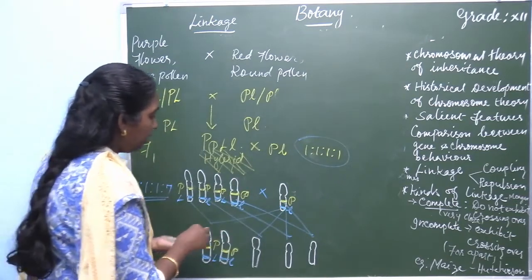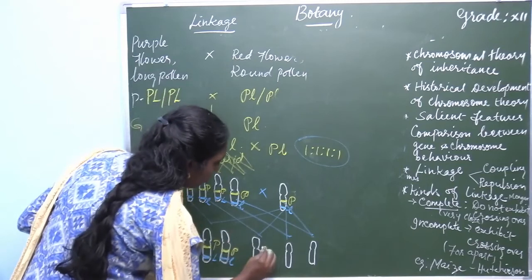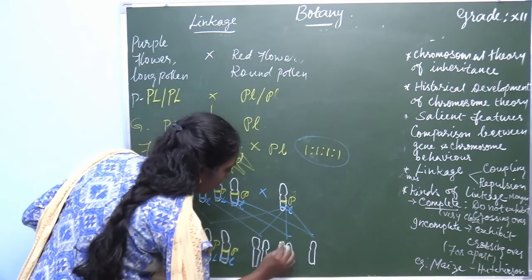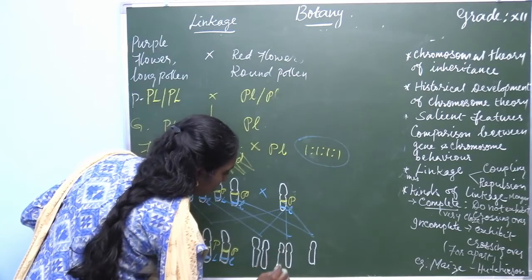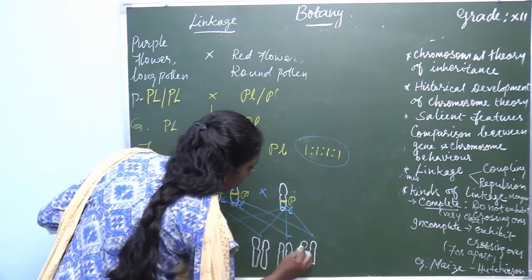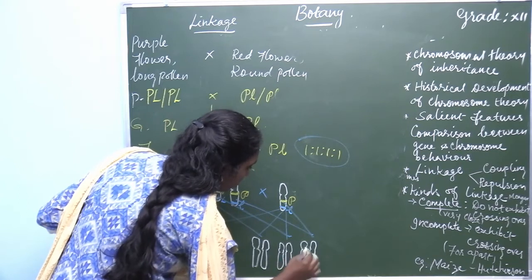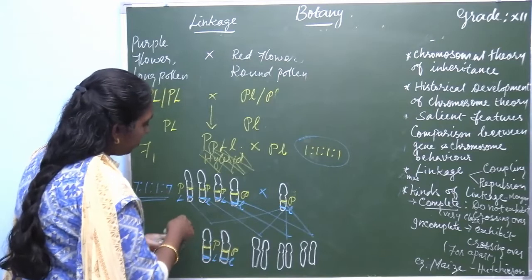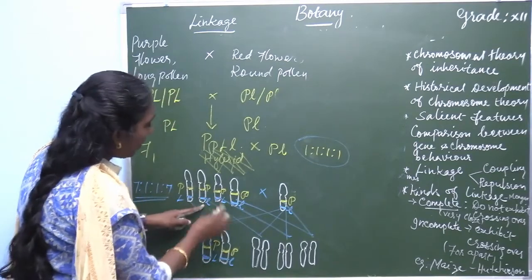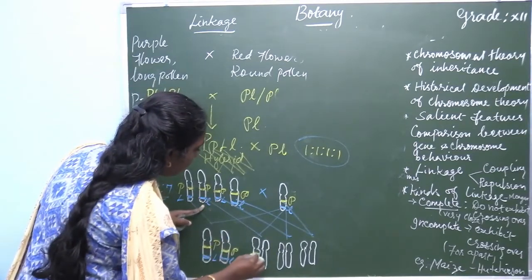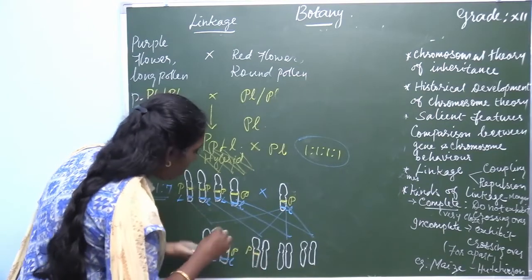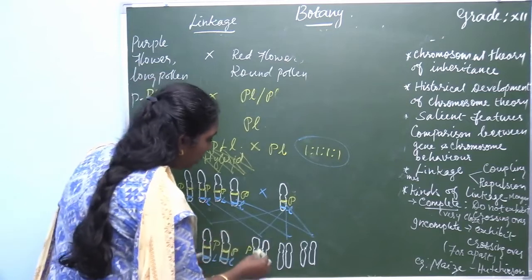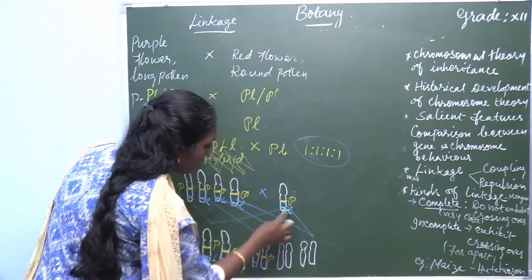Then here it gives capital P, small l, small p, small l.